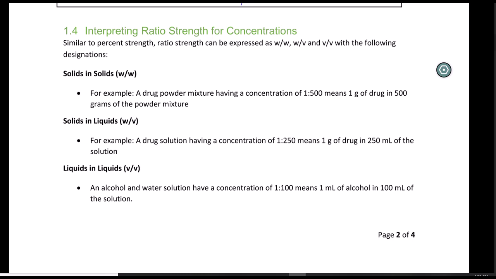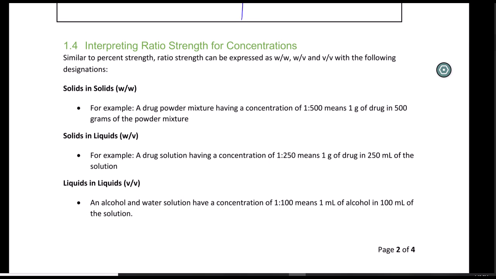Now, similar to the percent strength and ratio strength, right? For solids, if we're trying to look at how do we interpret the meaning of a 1 to 500, right? Again, it's saying that there's 1 gram of drug in 500 grams, let's say, of a powder mixture, if we have that weight and weight.